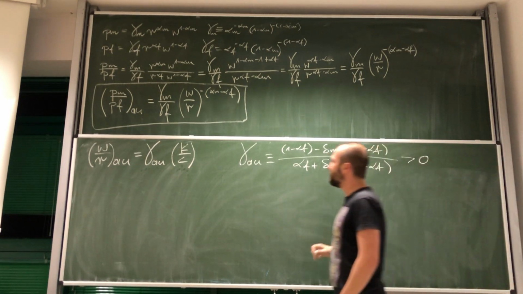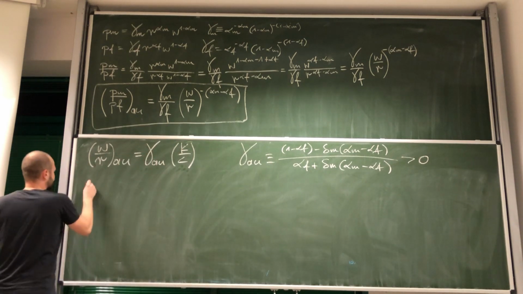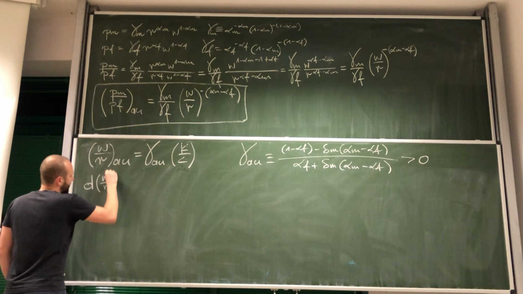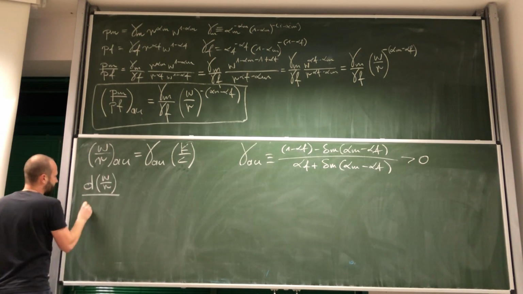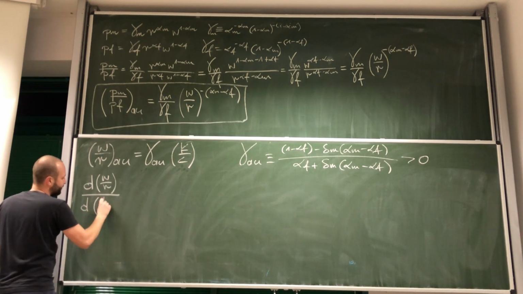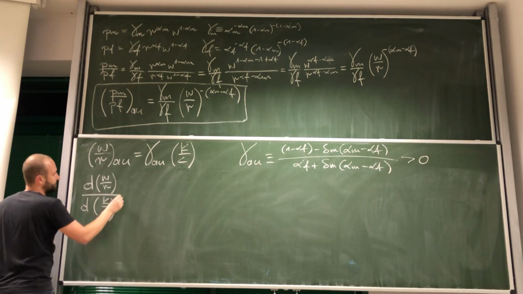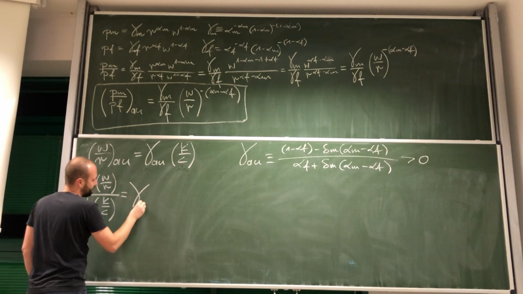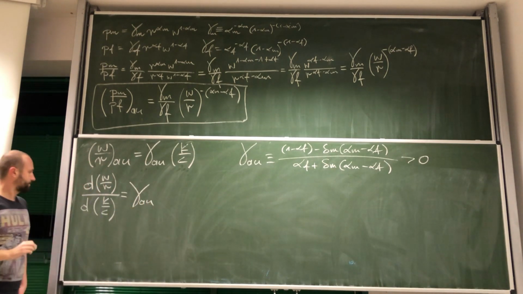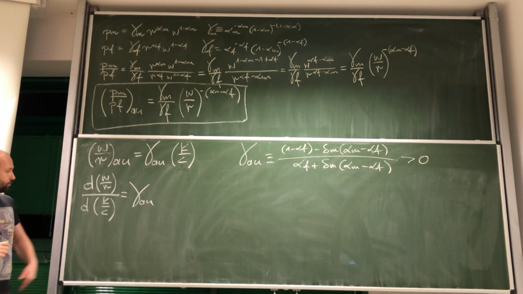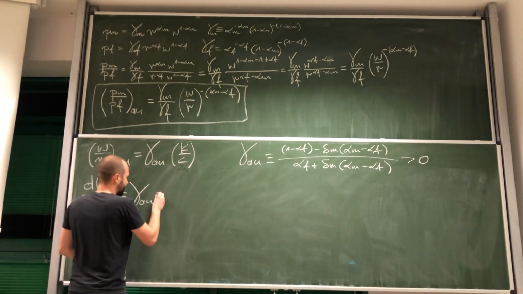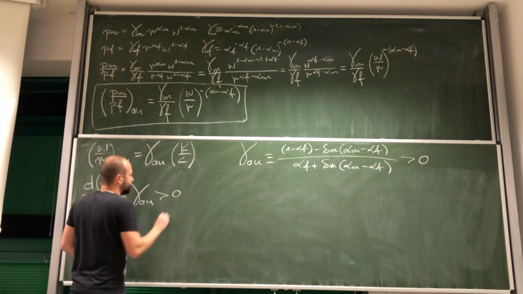And look, now if I'm going to differentiate wage to rent ratio with capital to labor ratio, I'm going to get gamma in autarky, and this must be positive, right?